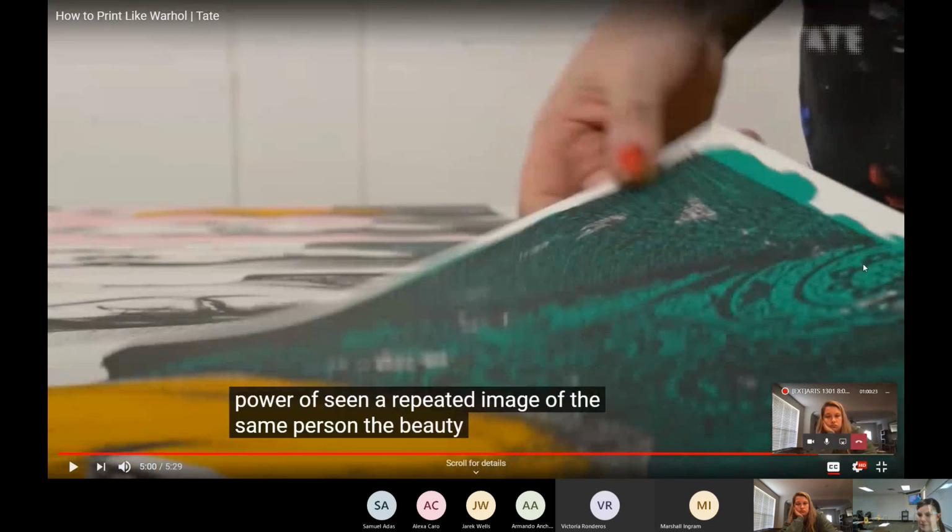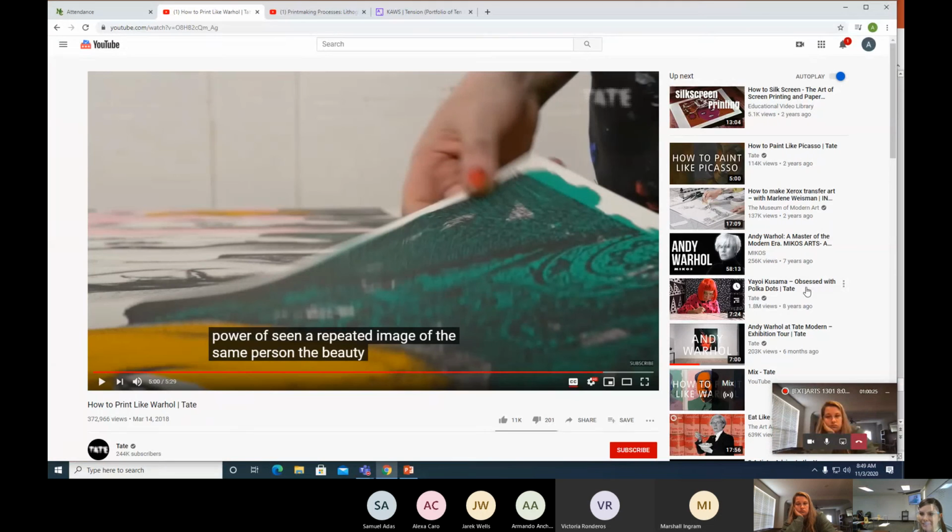And voila, that is how silkscreen prints are made. Questions about that one?